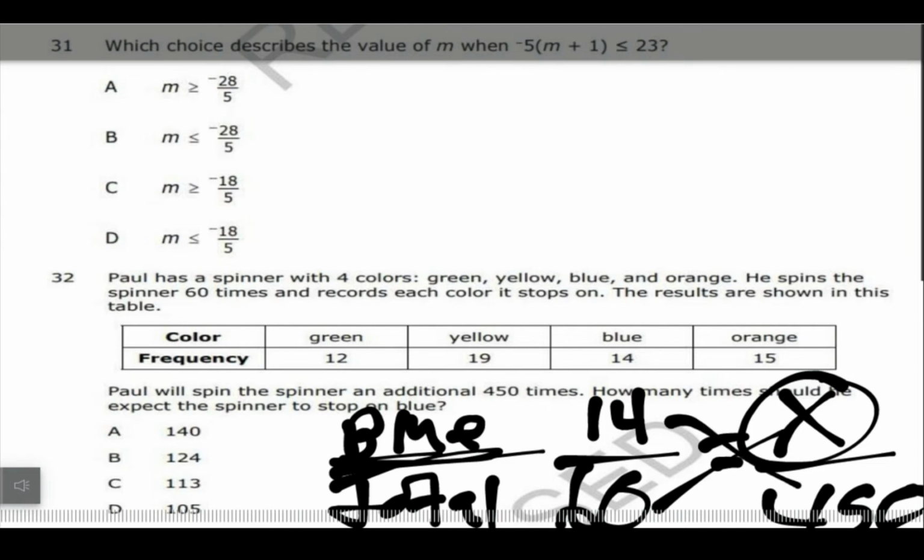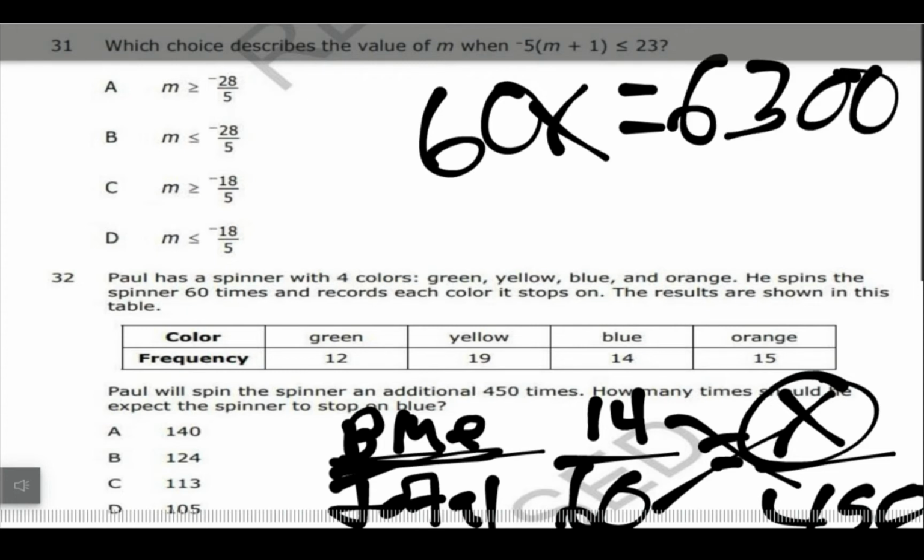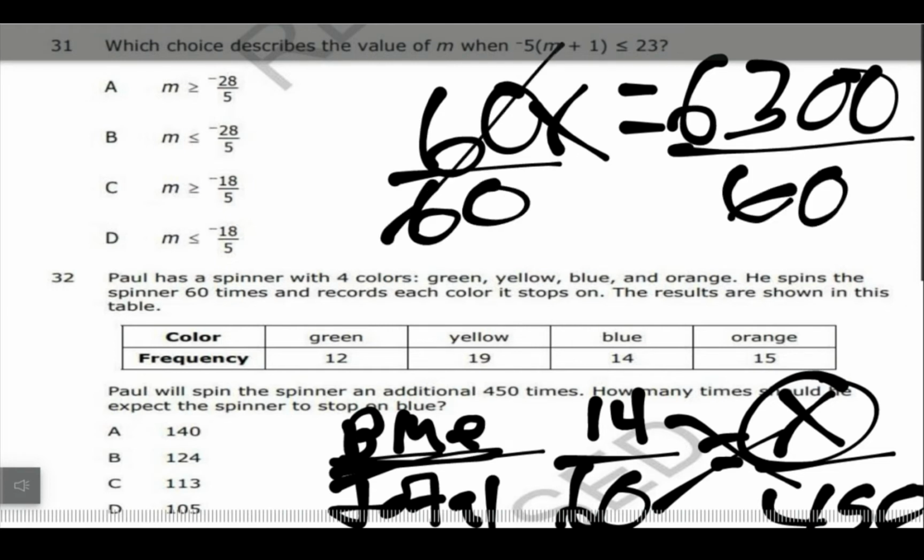So 60 times x is 60x. And then I want to do 14 times 450 on the other side. So that's 6,300. And then again, I want to get x by itself. So to get rid of the 60, I want to divide it over to the other side. So that gives me 105. So that would be D.